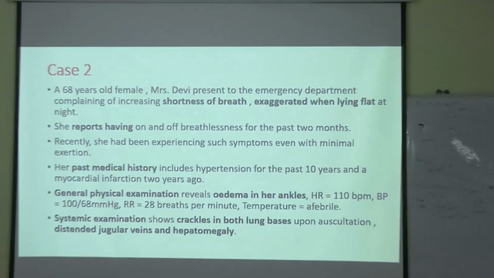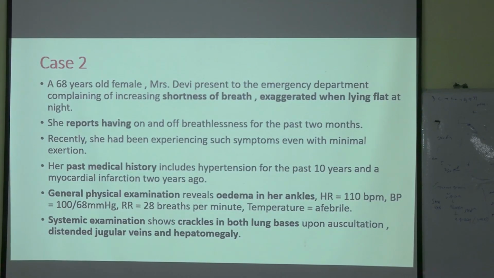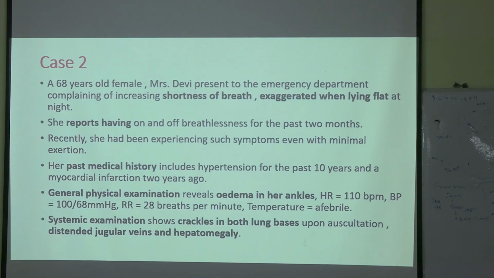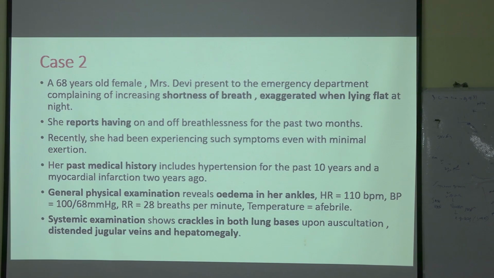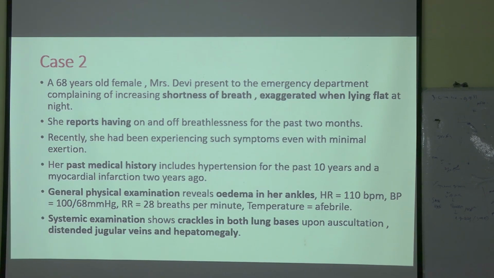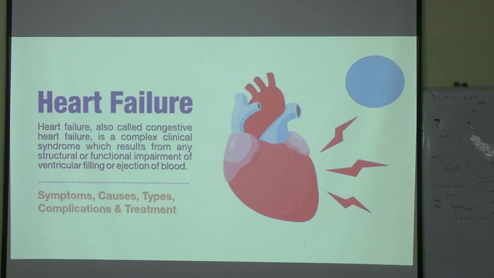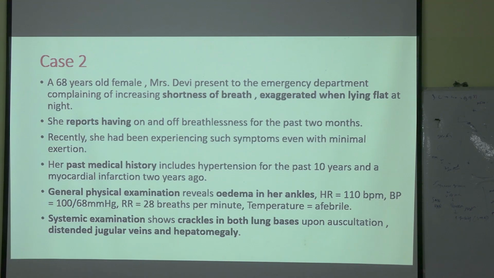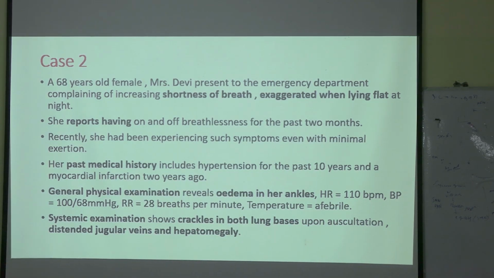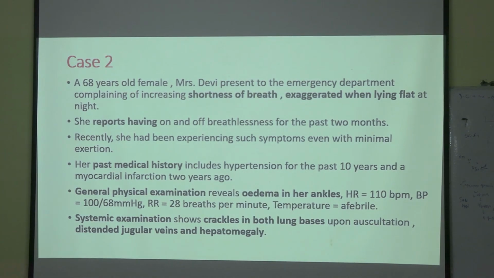First, we have to read the case properly. We have to identify the most important information given. After collecting all that information, try to correlate it with the definitions. See here, based on the information given, as I mentioned, we are discussing heart failure.